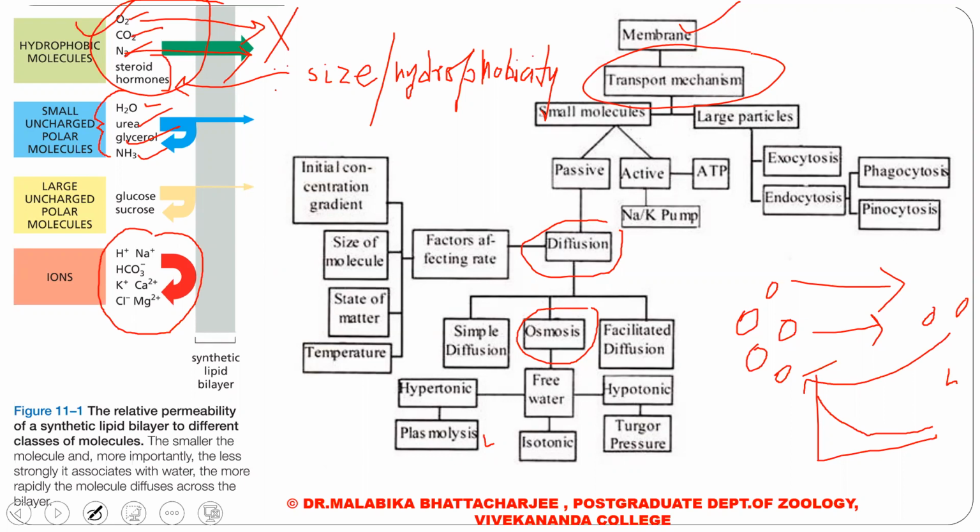How can it do that? It can only do so if molecules from outside move inside or molecules from inside move outside. So in a way, the membrane facilitates the transport of molecules from the exterior of the cell to the interior and vice versa.